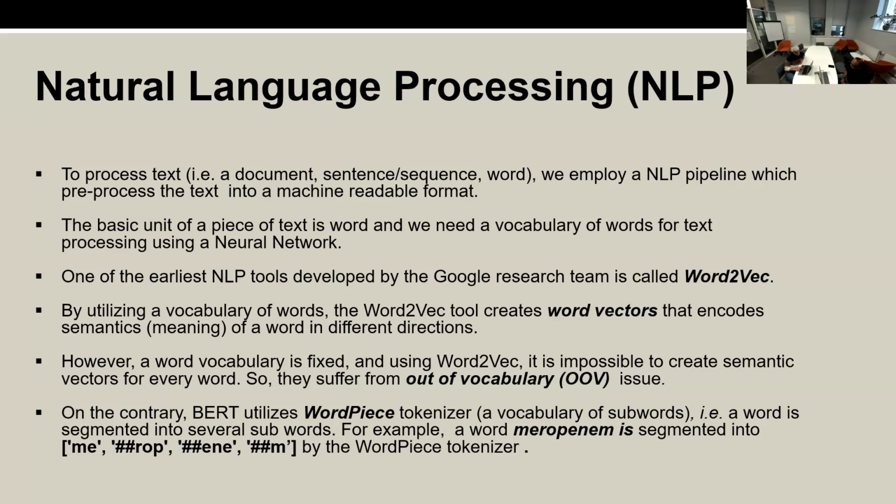However, the word vocabulary is fixed, so we cannot create word vectors for all the words in the world. So what BERT came up with is called the WordPiece tokenizer, which breaks down a word into several segments. For example, here I've given an example: meropenem is a drug, segmented into 4 pieces, me, ro, pen, em.